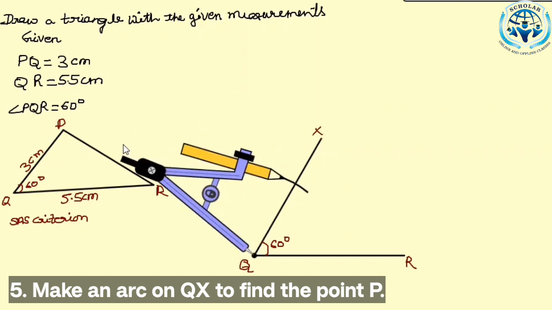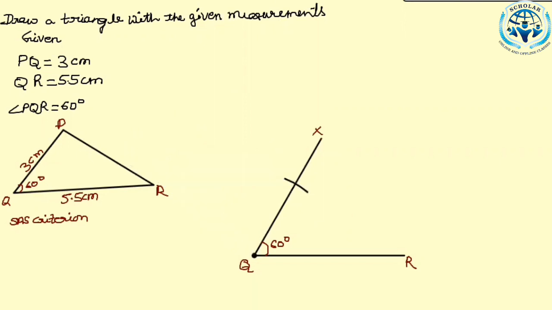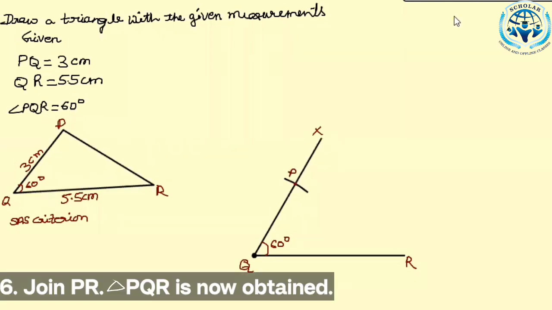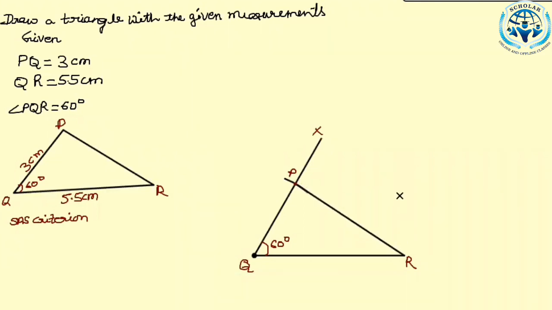Now the point of intersection is P. Now we will join P and R to form the side PR. This is the required triangle PQR.